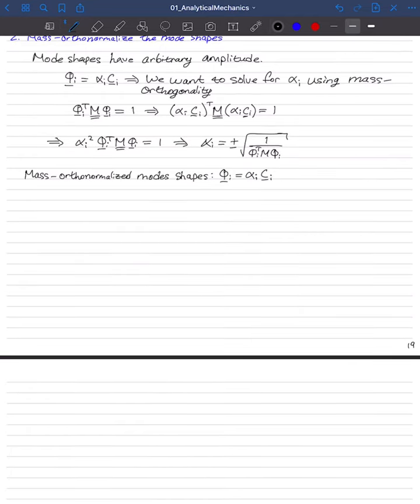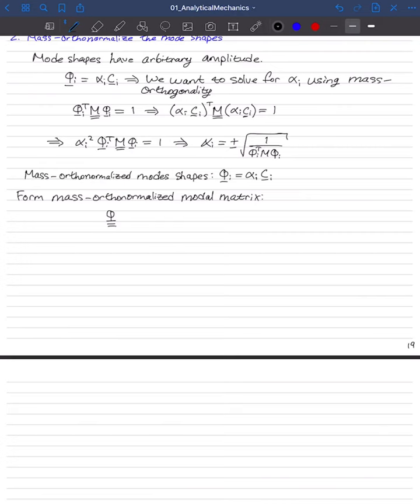From here, we can form a mass orthonormalized modal matrix. And this is going to be, we're going to use capital Phi here.